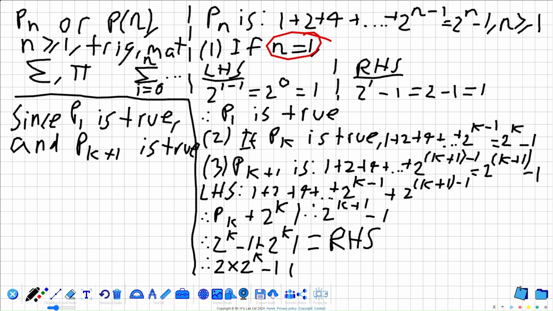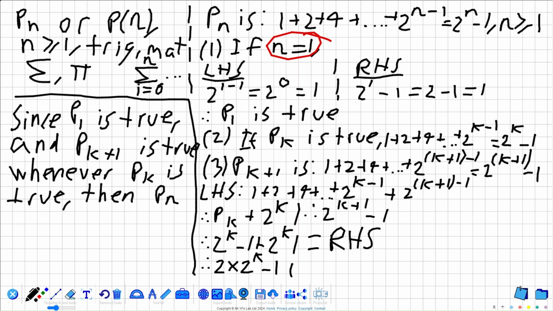Then we can say, so since P1 is true and P(k+1) is true, and this is only whenever P(k) is true, then P(n) is true for all n is more than or equal to 1.